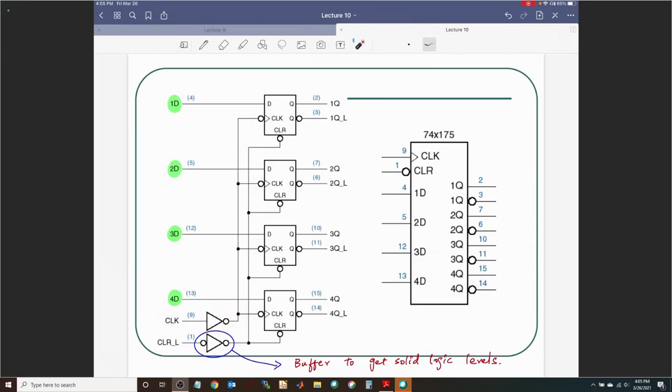The outputs of those flip flops are again both in true and complemented forms: 1, 2, 3, and 4. So all your outputs are available in true and complement forms on those pins. Have a positive edge triggered design here, active low clear, 4 bits that you would want to arbitrarily load into the 4-bit register.